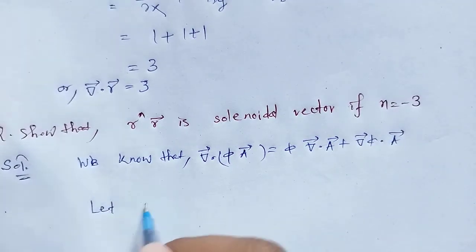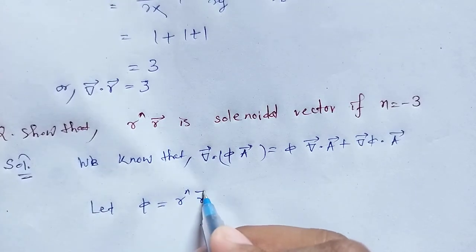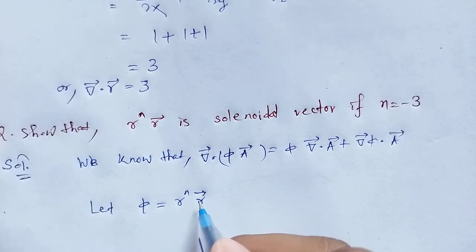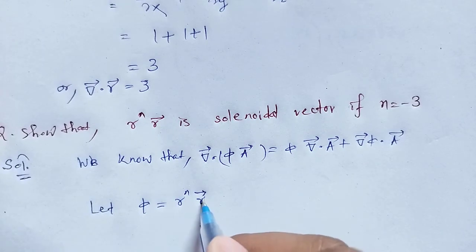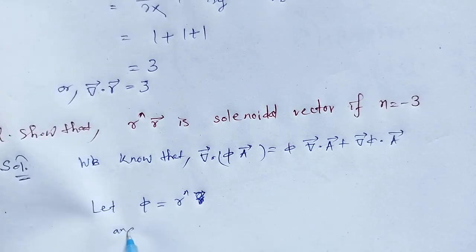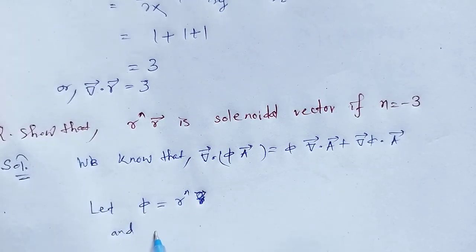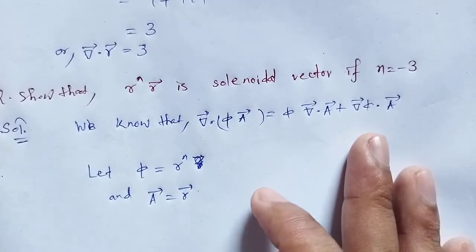Let phi is equal to R to the power n. Sorry, phi is equal to R to the power n and a vector is equal to R vector.